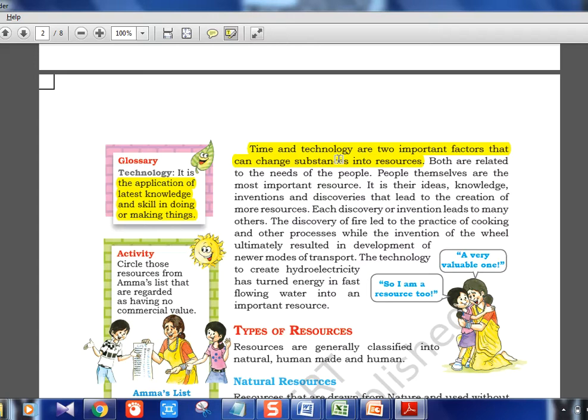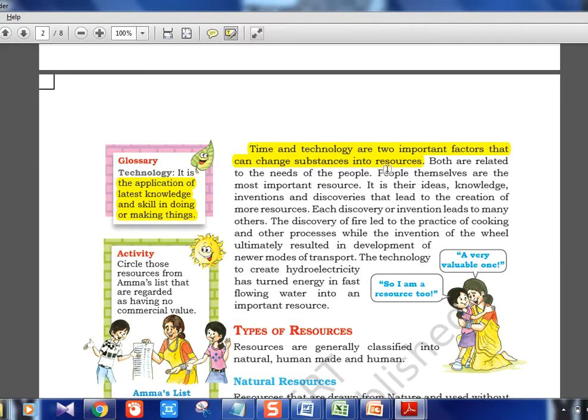That is something you do commonly in the household, within the four walls of the room. But suppose some company in today's age takes the same thing, puts it in a jar or a box, gets a patent for it and sells it in the market, then that becomes a resource. That is the difference. So with time and with technology, things can change from a substance into a resource. Hope you got the idea.